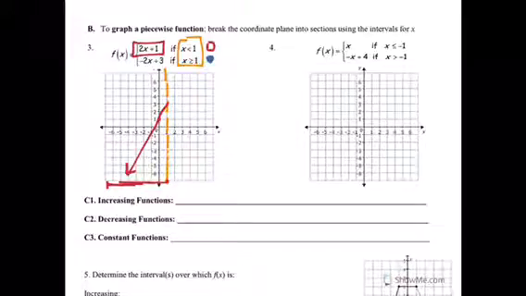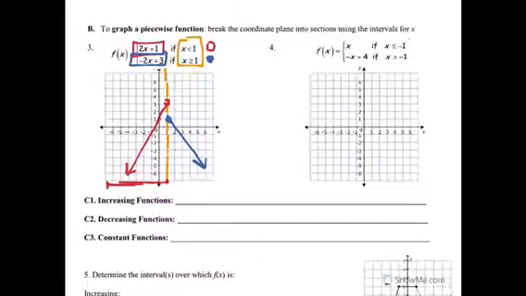So since the function that's less than does not include the boundary line, I'm going to put an open circle there. This one right here is for values that are greater than or equal to 1. That's going to be on the right-hand side, here. I'm going to do closed circle. And that's my graph.